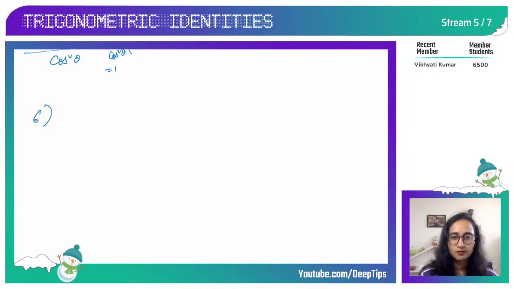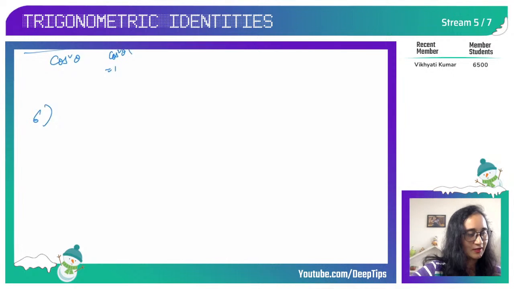Now this is the third kind. Sometimes a question comes in the exam in which both sides look so complicated that we get confused about where to start. Actually I am finding both are complicated. So in the 6th question I'll tell you the trick to handle those kinds of questions.